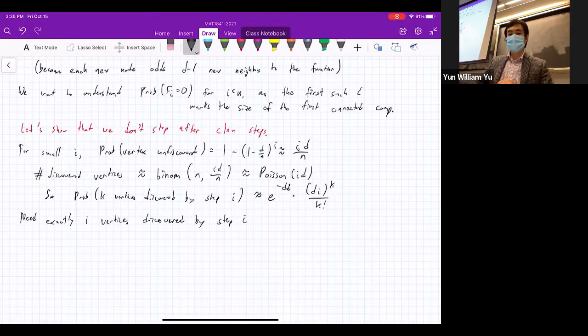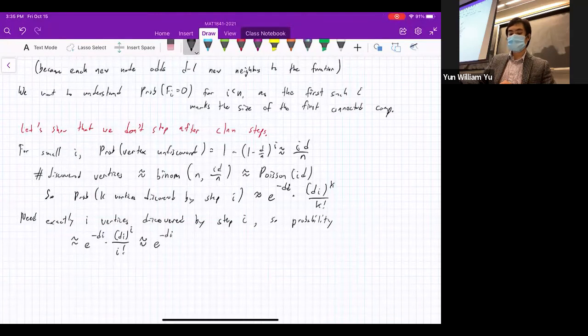So we need exactly i vertices discovered by step i. So the probability is approximately equal to e to the minus di times (di) to the i over i factorial, which with our usual approximations is approximately e to the minus di times (d to the i) times i to the i. It's really confusing to keep writing i to the i because I keep thinking complex numbers, but these are not complex numbers. This is just an index.